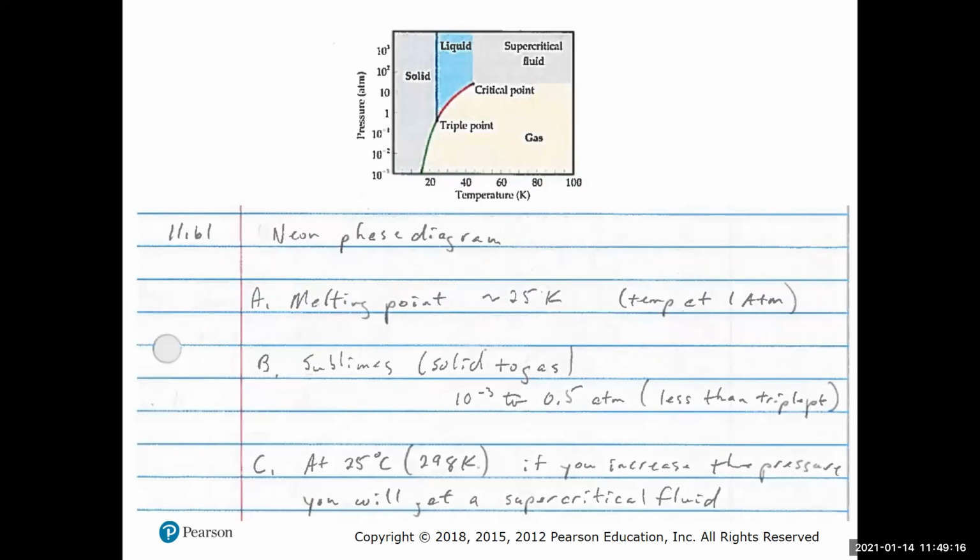I'm not going to go through it right now, but what I would expect you to be able to do is, if I give you a temperature and pressure, okay, so this is in Kelvin, if I said 60 Kelvin and 10 to the third atmospheres, you would be able to tell me what phase the material is in. So go through this and see if you can do that. That would be the expectation on this type of question.